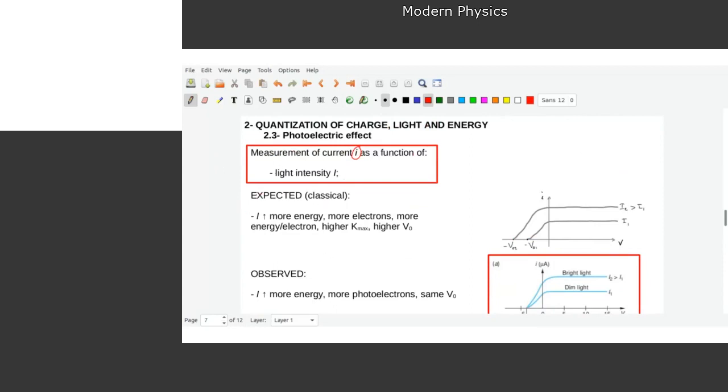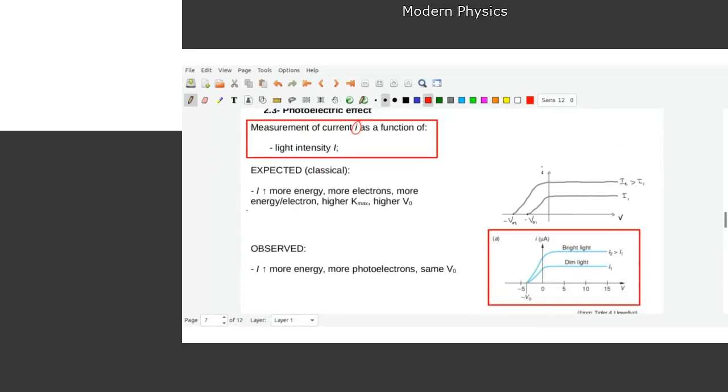So what is expected through a classical explanation is that as you increase the intensity, I remind you that I call intensity, it's a very general term to say that it is power. So this is energy per unit time per unit area. So this is essentially energy.